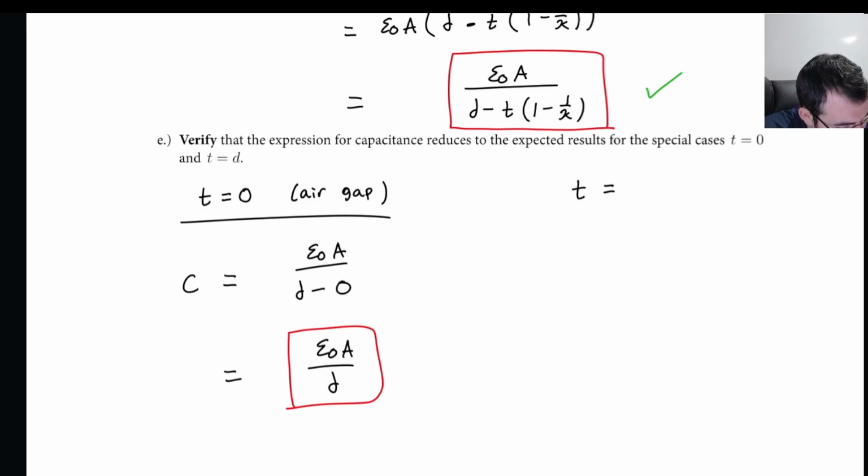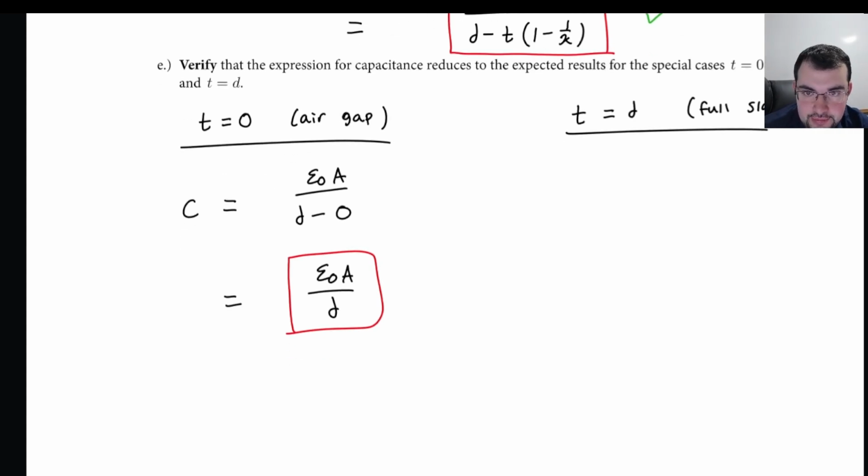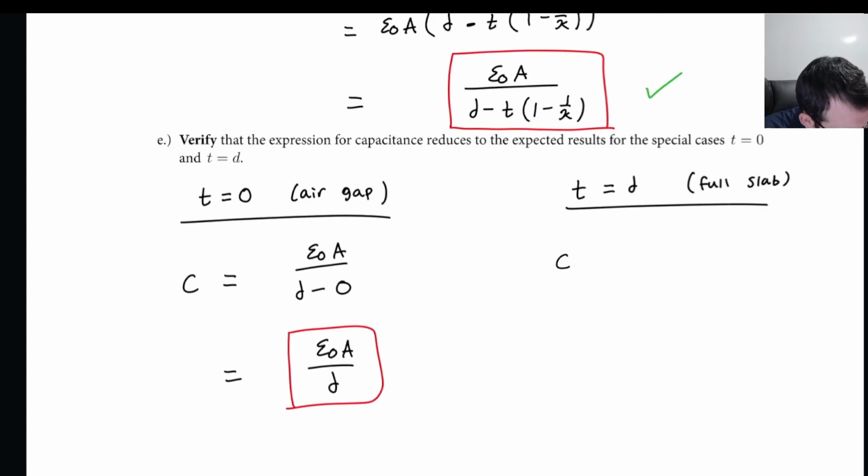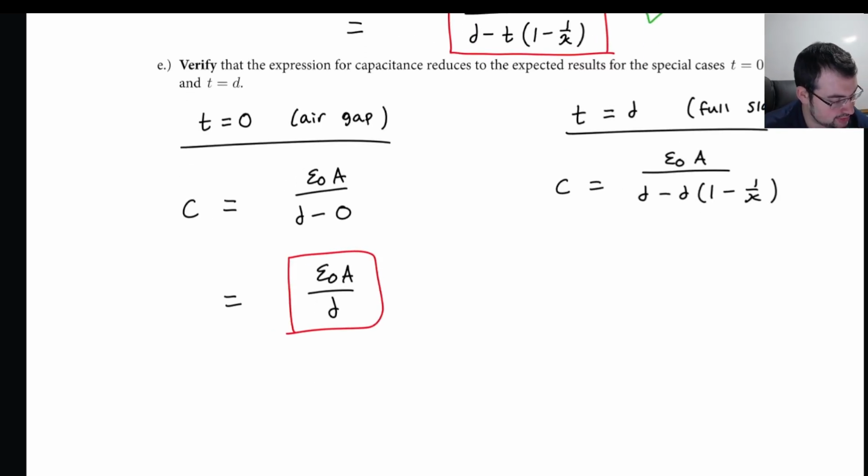So we should guess what we're going to get if T is equal to D, which is a full slab. The slab fills the entire area. So C in this case would be epsilon naught A over D minus D times 1 minus 1 over kappa. We're probably looking at this and thinking there's no way this works out.